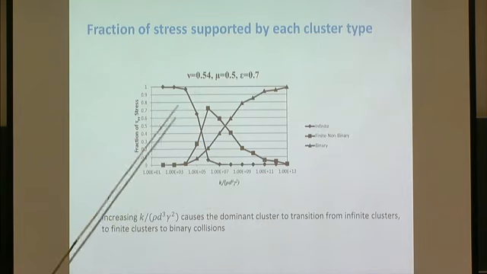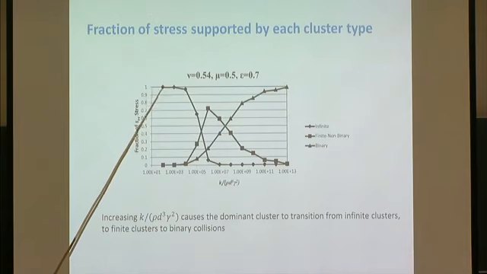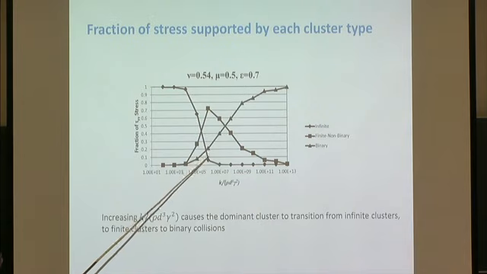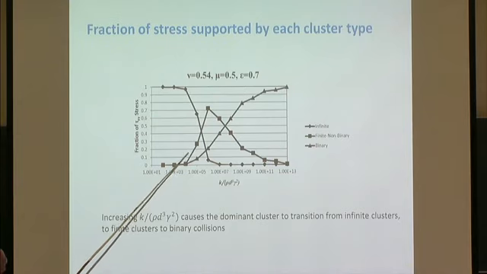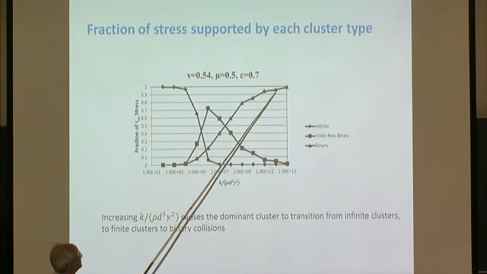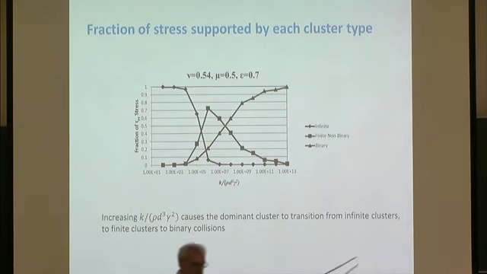And what you see is here, at very low values, everything's supported by infinite clusters. Sometimes that breaks down, eventually goes to 0. In the intermediary, there's a region where finite clusters take dominance, and then eventually, as you go down here, it is the collisional interactions that are supporting the majority of the stress.